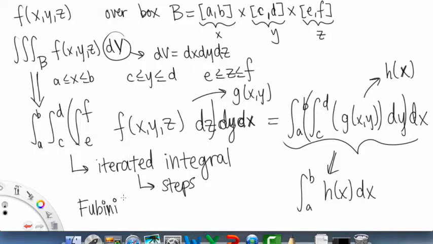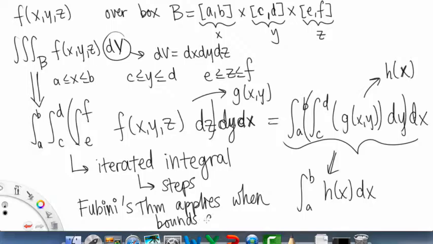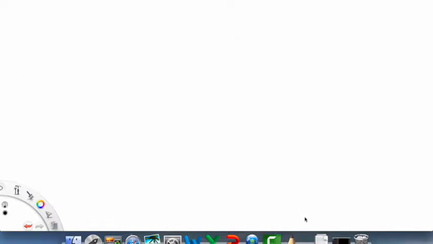Okay, so Fubini's theorem only applies when you're dealing with an iterated integral. So that means iterated is just when your bounds are constants. Okay? And this is kind of the simplest case anyways.